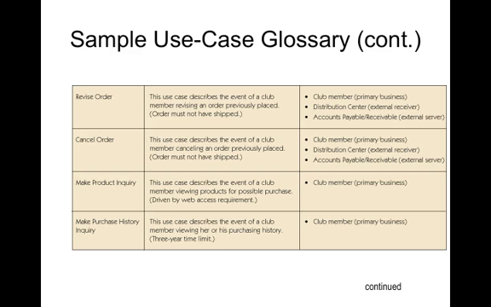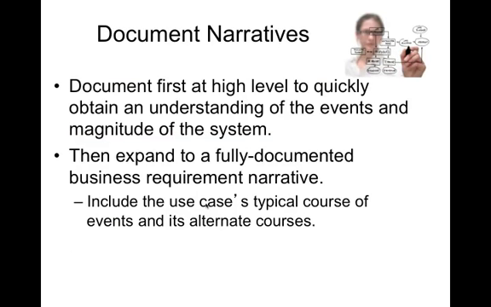These are typical use cases. Just start thinking about it in terms of a very brief description, and then you will start developing a documented narrative. So at first we do that high level, and then we expand it to a fully documented business requirement.